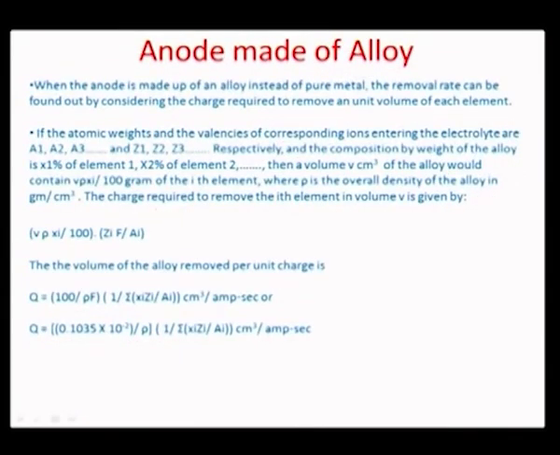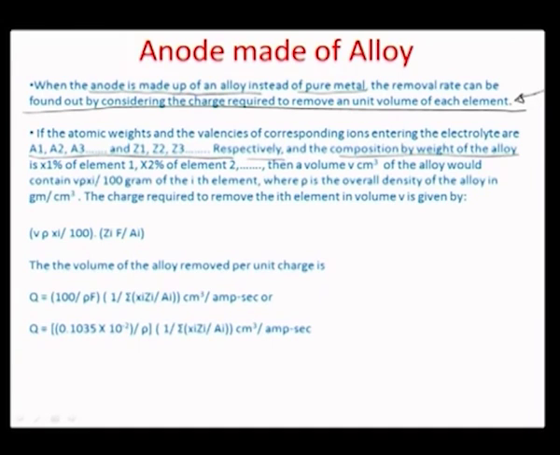So, let us say the anode now is made up of an alloy instead of a pure metal, and the removal rate can be found by considering the charge required to remove a unit volume of each element. So, if the atomic weights and valencies of the corresponding ions entering the electrolyte are A1, A2, A3 so on, and Z1, Z2, Z3 so on respectively, the composition by weight of the alloy, let us say, is x1% of the element 1, which has an atomic weight of A1 and valency in which it comes out as Z1.